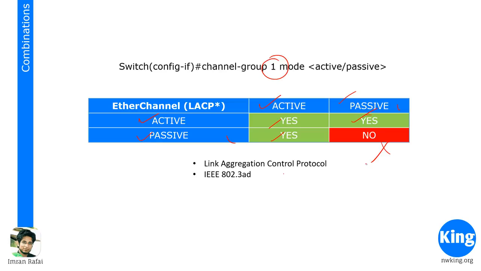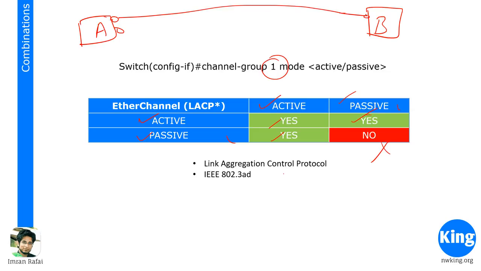Now, can you use one side, let's say you have switch A and switch B, and you have two links, right? Can you use active here and auto here, or desirable here? Well, absolutely not.